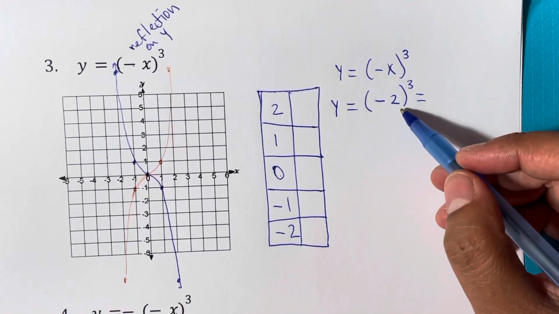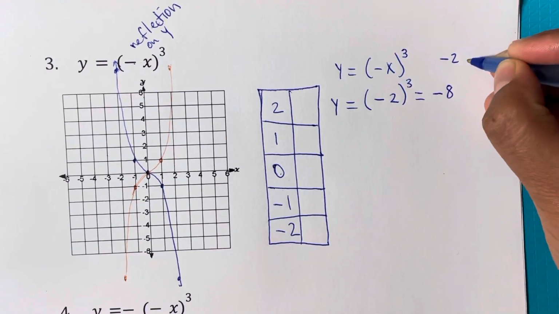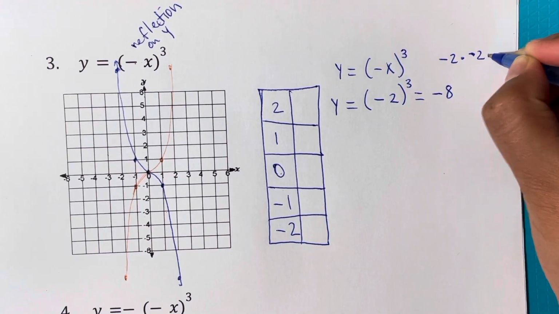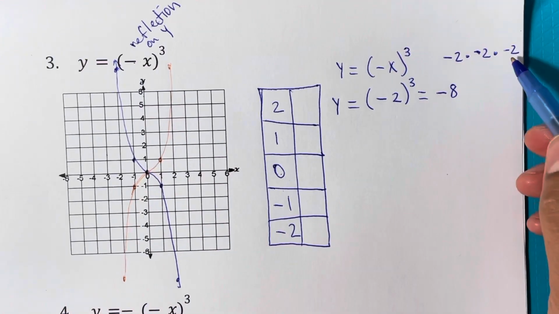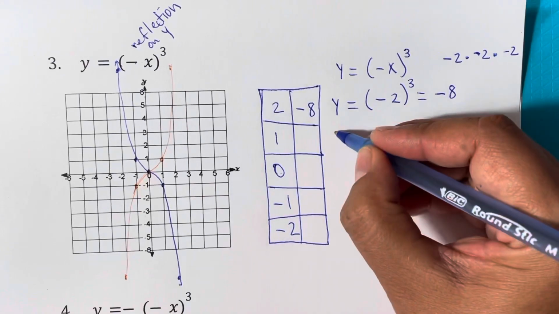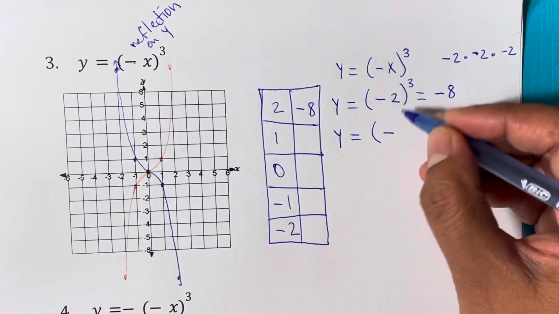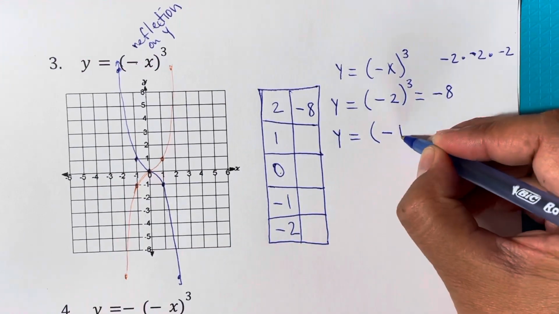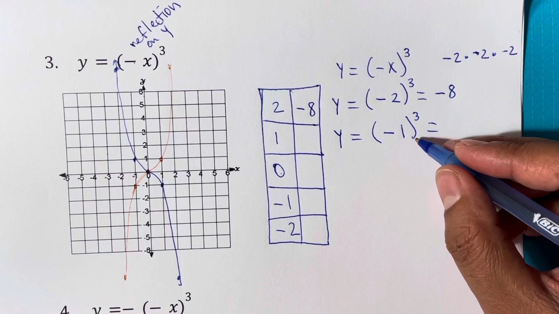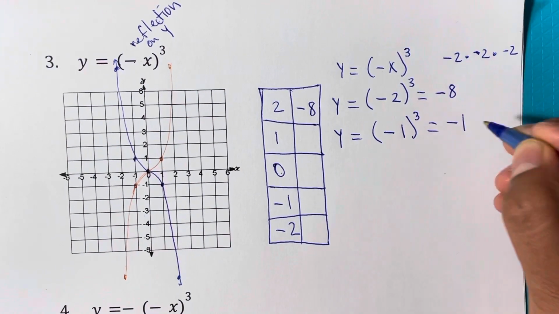So negative 2 times negative 2 times negative 2 becomes negative 8, because remember, negative 2 times negative 2 is positive, times negative 2 is negative, okay? Y is equals to, bring down the negative, substitute the x by 1, and negative 1 times negative 1 is positive 1, times negative 1 is negative 1.